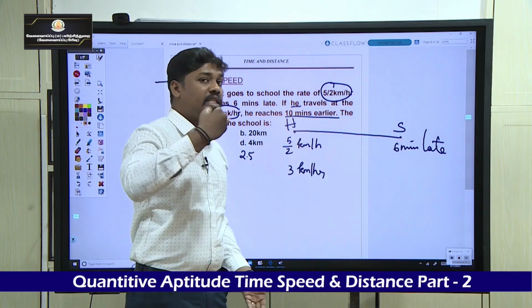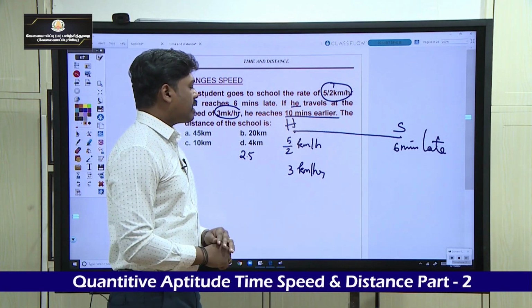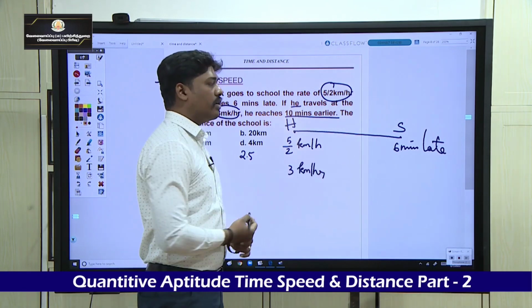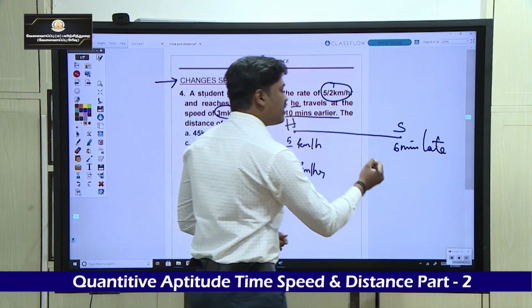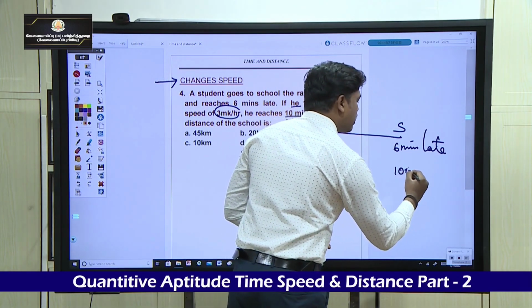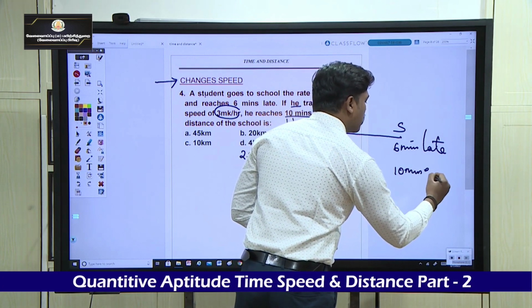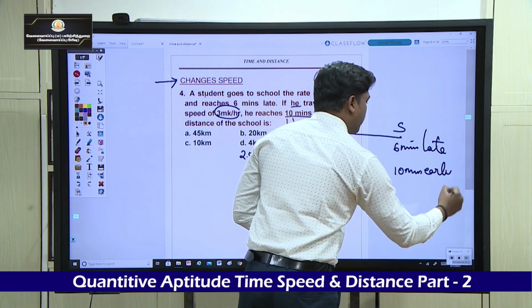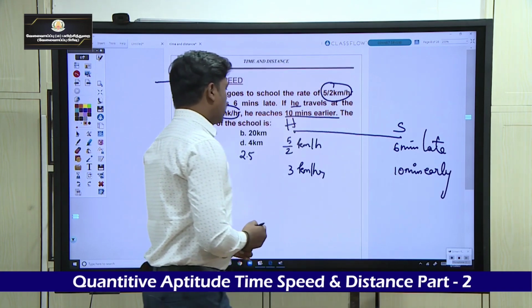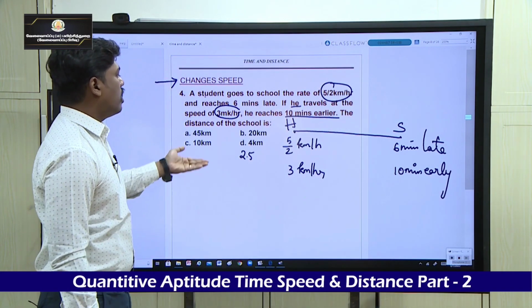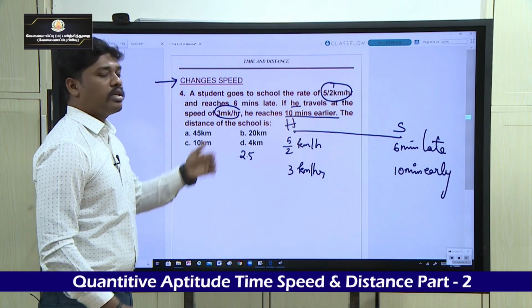If he is increasing the speed and moving at 3 km per hour, he reaches the school 10 minutes early.